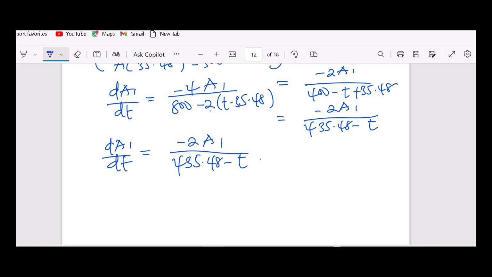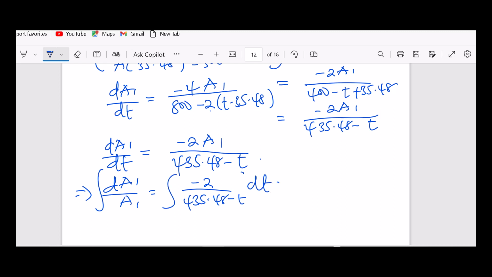Now we have this particular thing here, which we can solve by separating the variables. So this will imply we have dA1 over A1 equals negative 2 over 435.48 minus T dt.